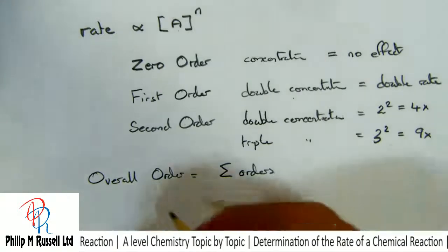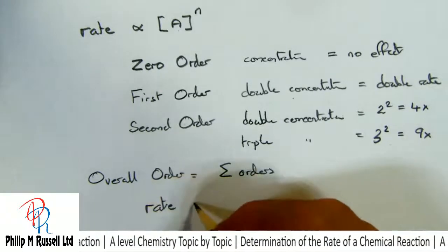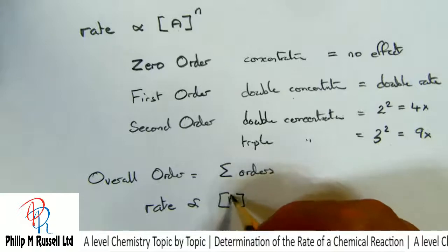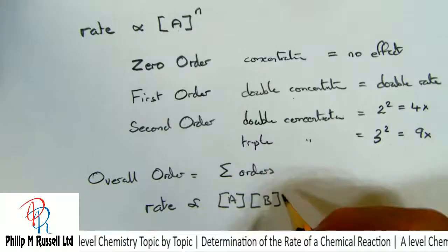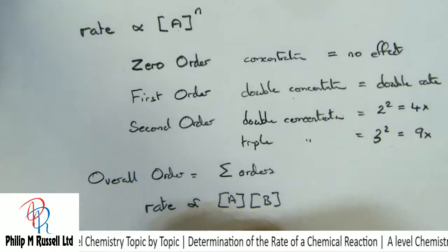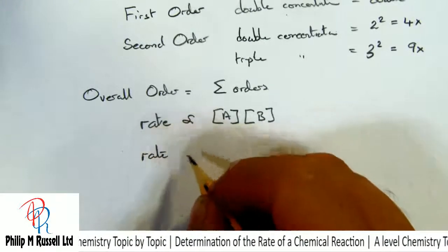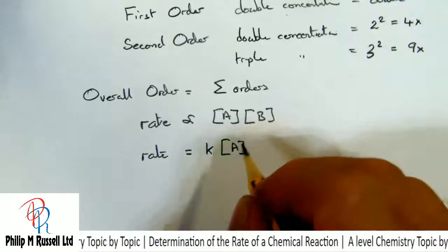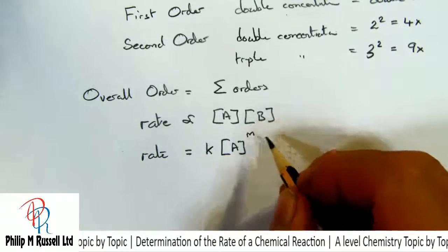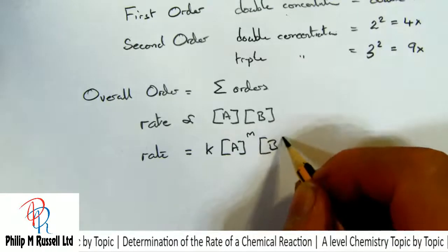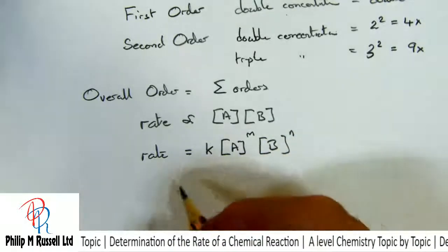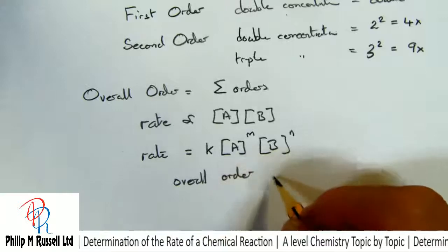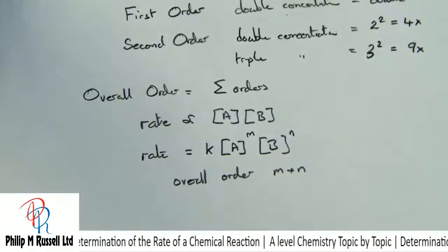So if I've got here a rate, and this is proportional to the concentration of A and the concentration of B, then we could write that rate as being equal to some constant times the concentration of A to whatever power there is, and the other one to the other power. And the overall order will be m plus n.